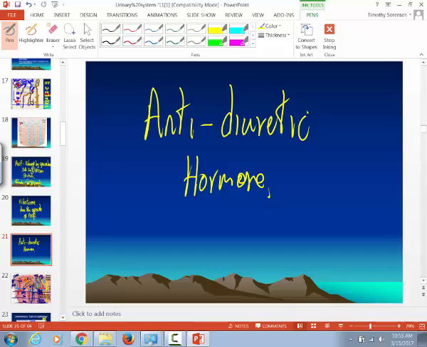You better get this. It's the posterior pituitary. And you better write this down. Antidiuretic hormone is released when there is increased osmolarity.